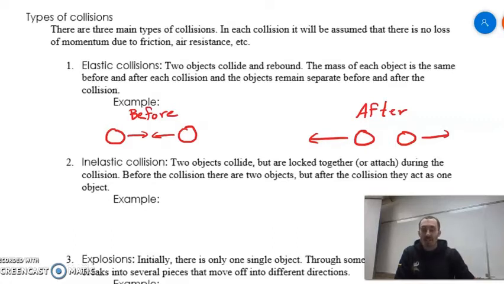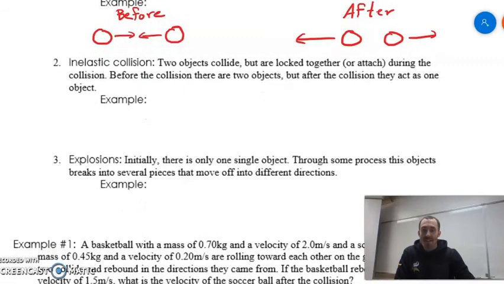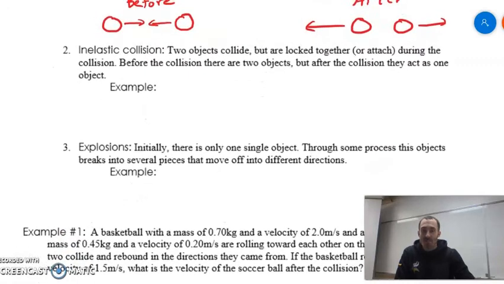So the sticking together version is the inelastic collision. Two objects collide, but then they lock together during the collision. Okay, so before the collision, let's say you have a truck.